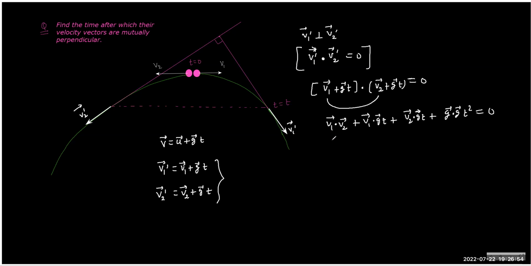Now, if you look at the first two vectors V1, V2, okay, V1 dot V2 will be how much? Why is it 0? What is the definition of A dot B?